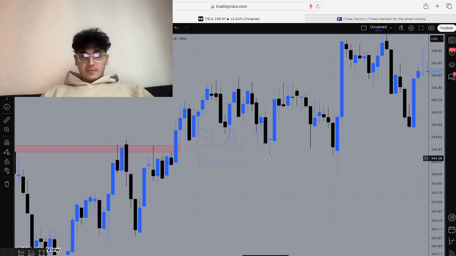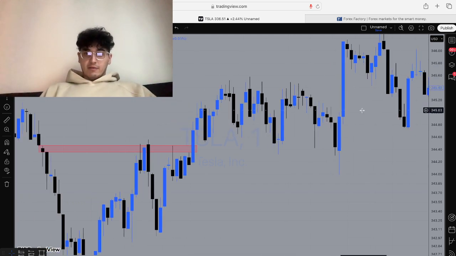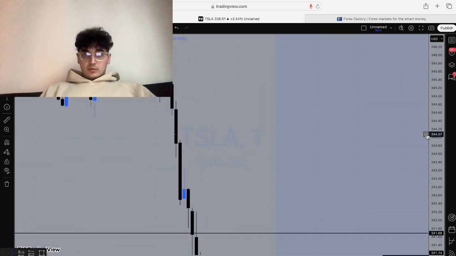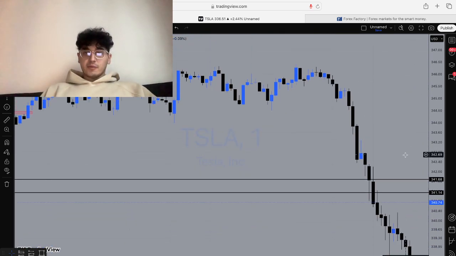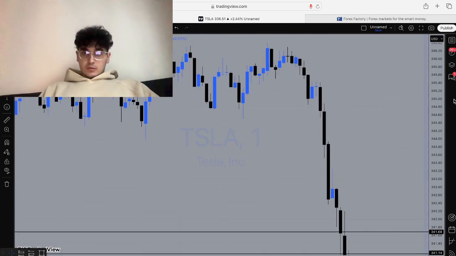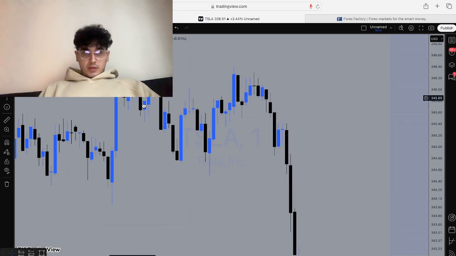And then let's go ahead and find another bearish fair value gap. So again, we want to look for a bearish 3-candle period. So right here, you can see again, 1 candle, 2 candle, 3 candle.